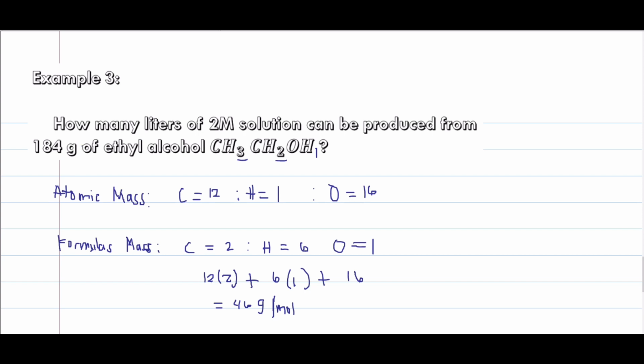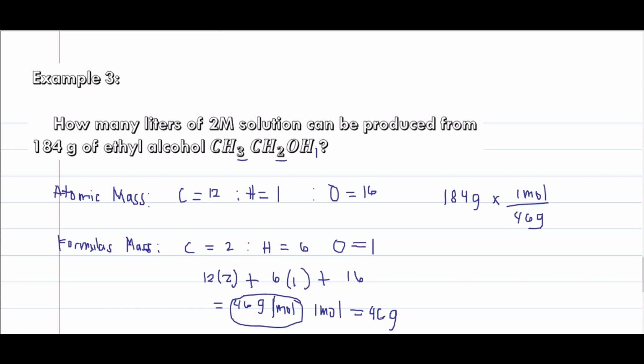Since we are given 184 grams, we can find the number of moles. Therefore, 184 grams times 1 mole over 46 grams. Take note, this means that 1 mole is equal to 46 grams.